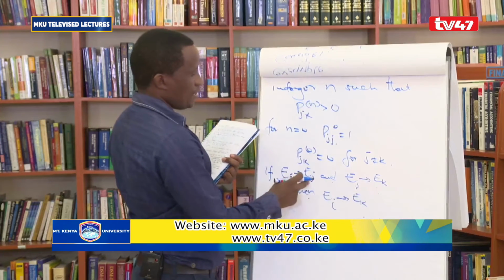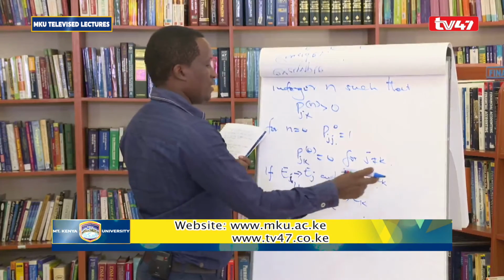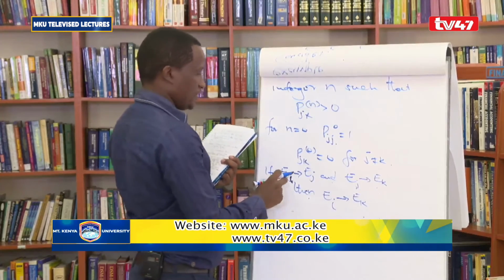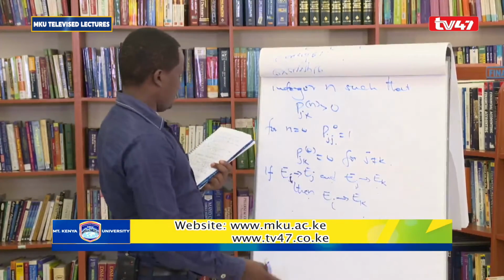We started with i, went to j, from j we went to k.